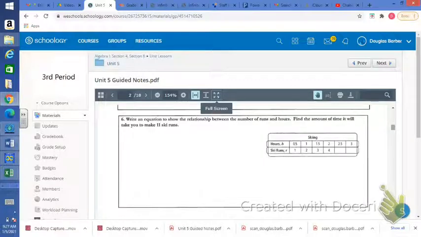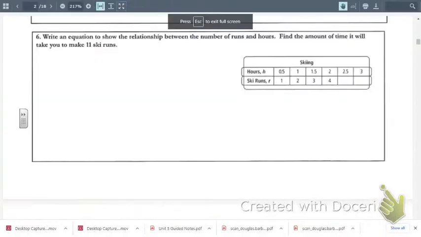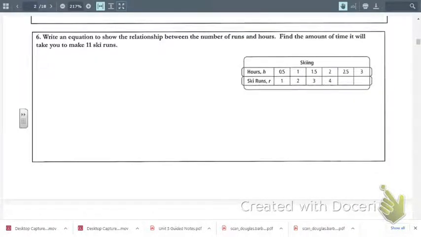Alright, for the last one, number 6. So it says write an equation to show the relationship between the number of runs and hours. So the number of ski runs, as it pertains to the number of hours. Find the amount of time it will take you to make 11 ski runs. Alright, so we got to create an equation, so we need to define our variables first. So what are we trying to find?